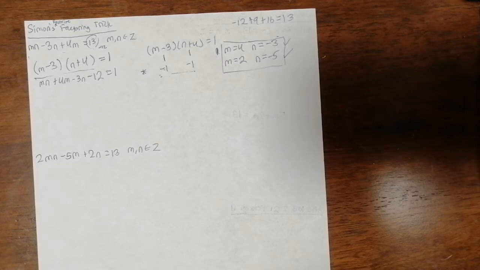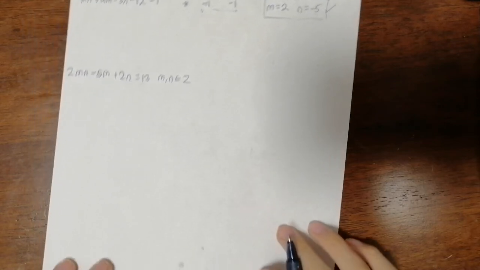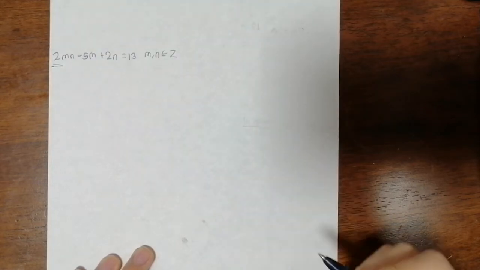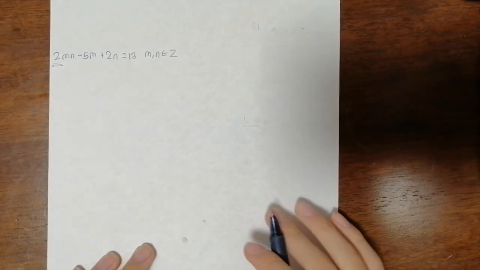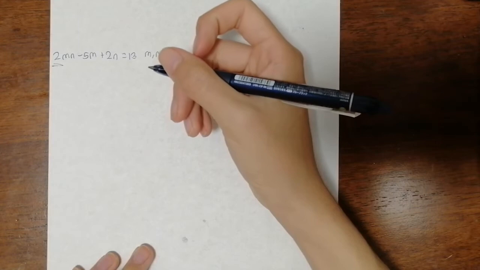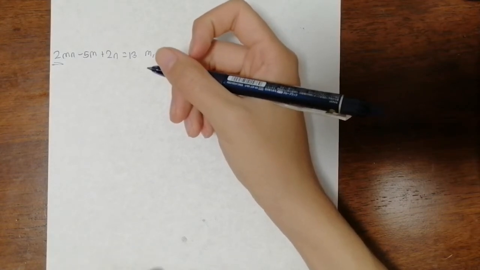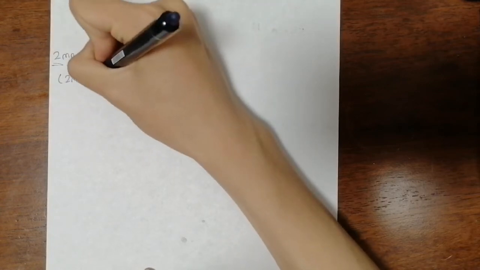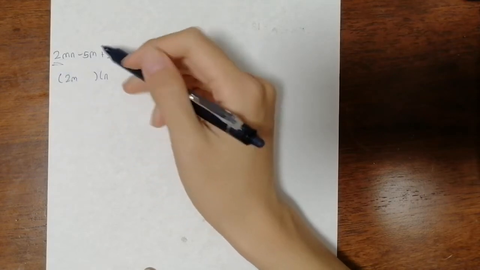Okay, I have a second example just to show you a different case. We have 2mn minus 5m plus 2n equals 13, and again, m and n are both integers. This is a bit different because now we have a coefficient of 2 on the product term. So let's see what happens if we try to factor it. We'll have 2m times n, because we want to get the 2mn term.